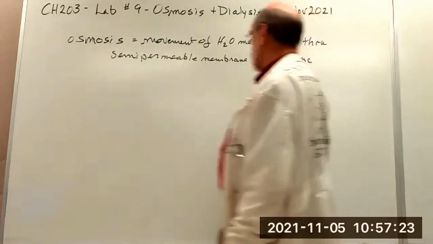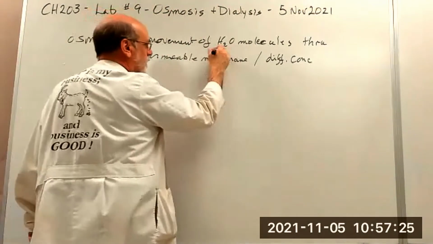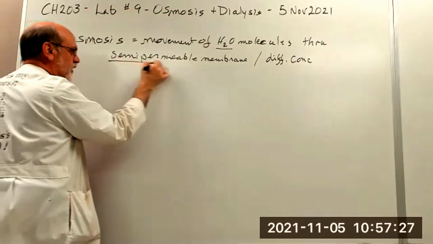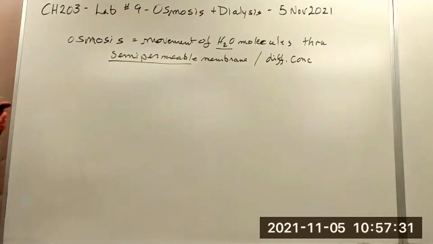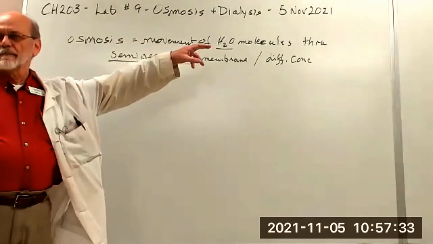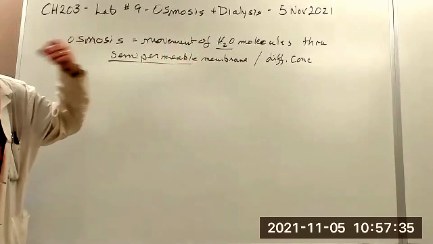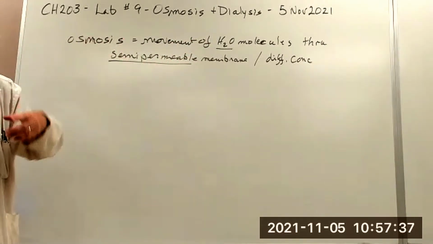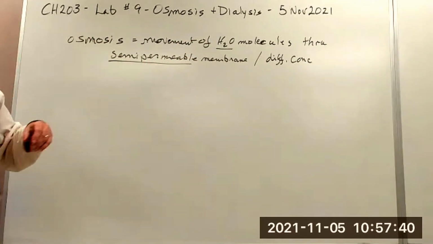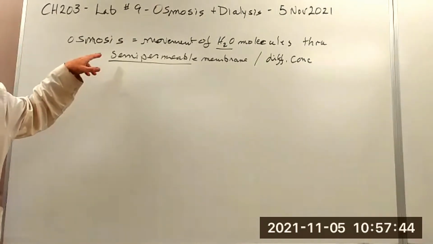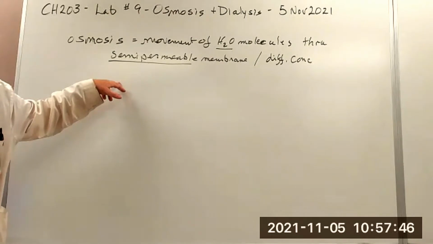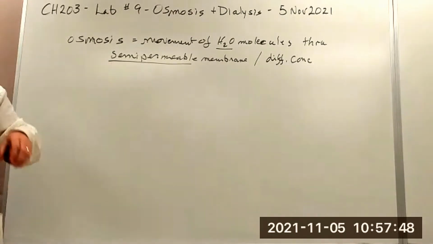So the key here are two things: water and semi-permeable. Semi-permeable membranes only pass water and molecules that are smaller than water. Gas molecules will go through a semi-permeable membrane, no problem. What we're trying to do here is simulate cell walls, cell membranes.